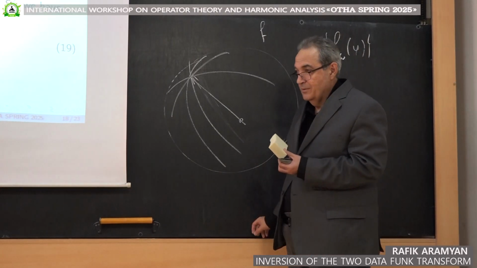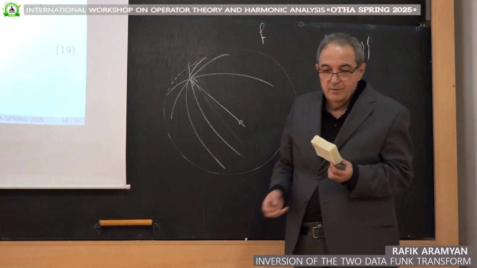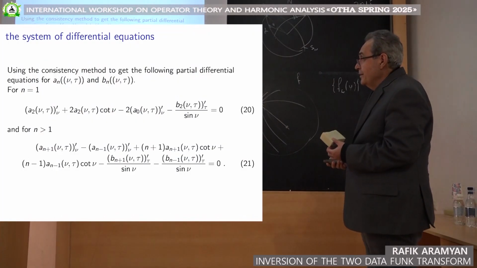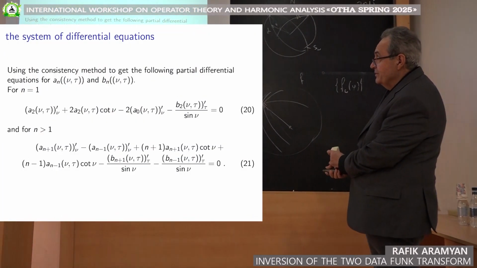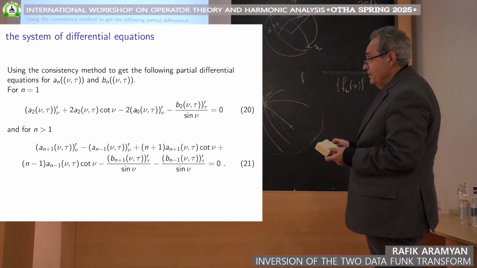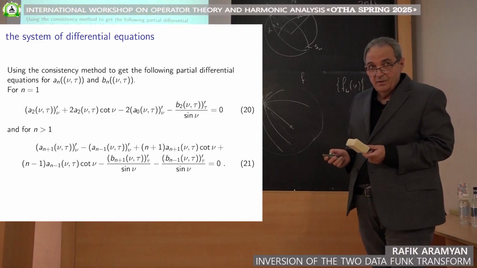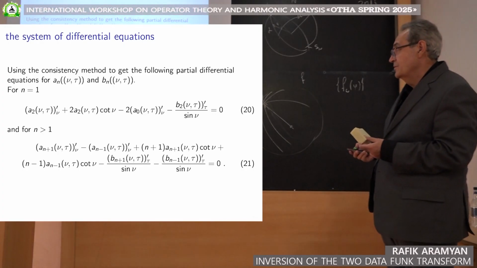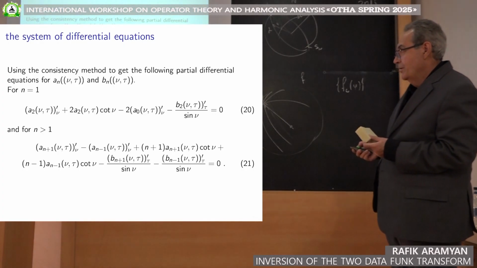Using this simple condition, I derive the partial differential equations for the coefficients an and bn, the coefficients of the restriction Fn on the circle. You see the equation.